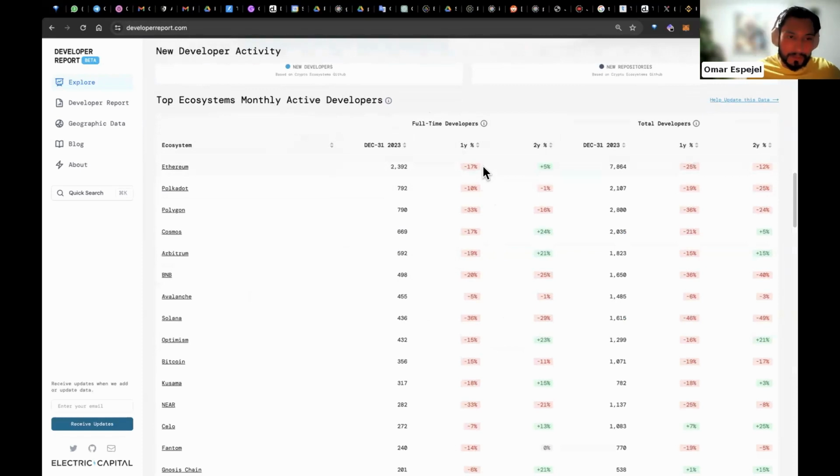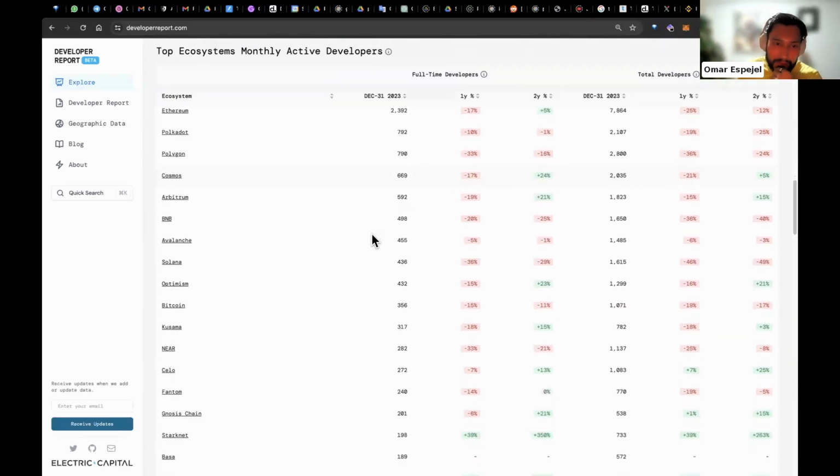This is very bad for the ecosystem, right? Ethereum, Polkadot, Polygon, Cosmos, doesn't matter which one, they are losing developers, which is not okay for us, because developers are the ones building the crypto ecosystem, the ones thinking of new stuff to build. If we lose you, then we lose a lot of innovation that we can do.